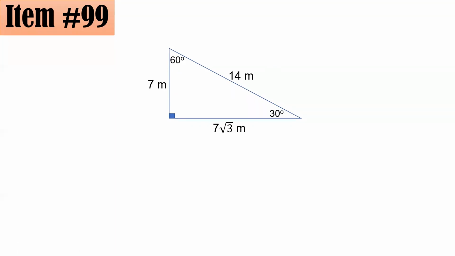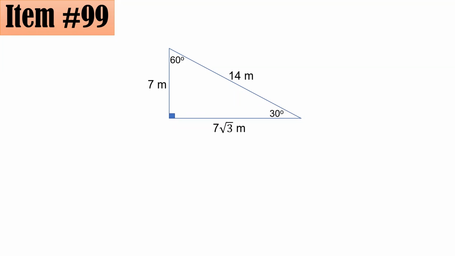And in the same triangle, the side opposite of 60-degree angle is square root of 3 times the side opposite the 30-degree angle. So 7 times square root of 3 is 7 square root of 3 here, which is the length of the side opposite of 60 degrees.